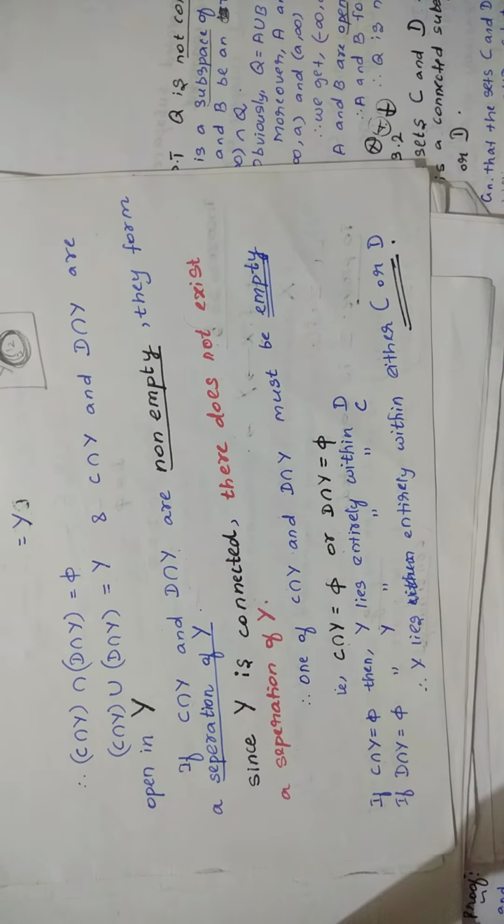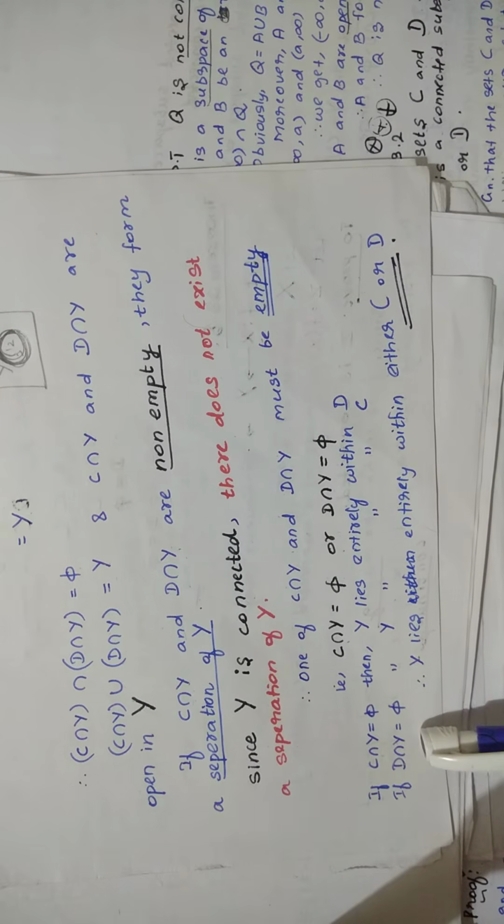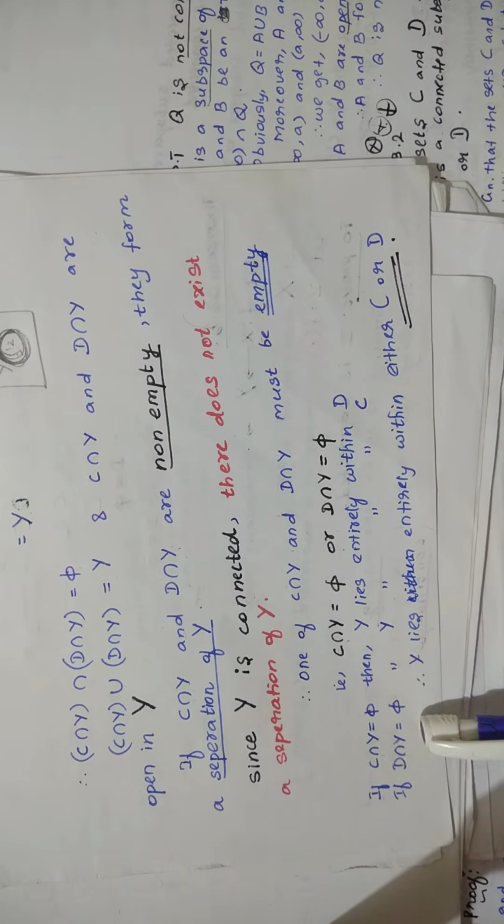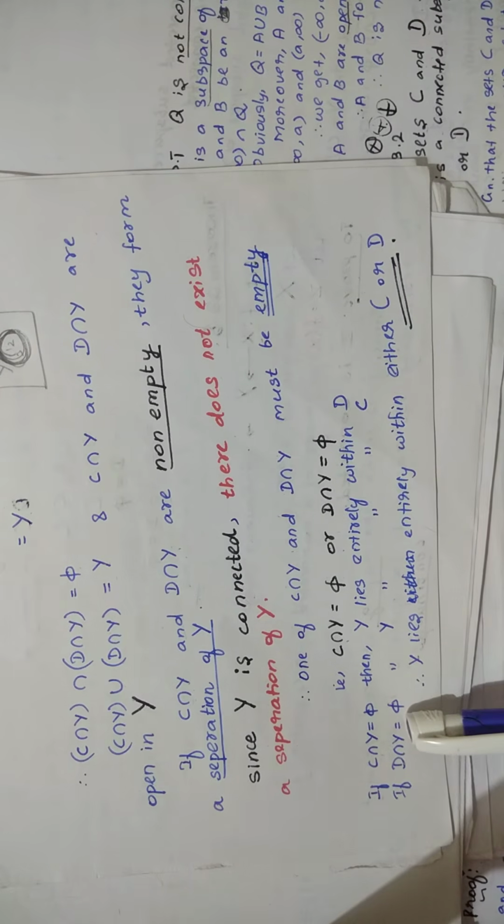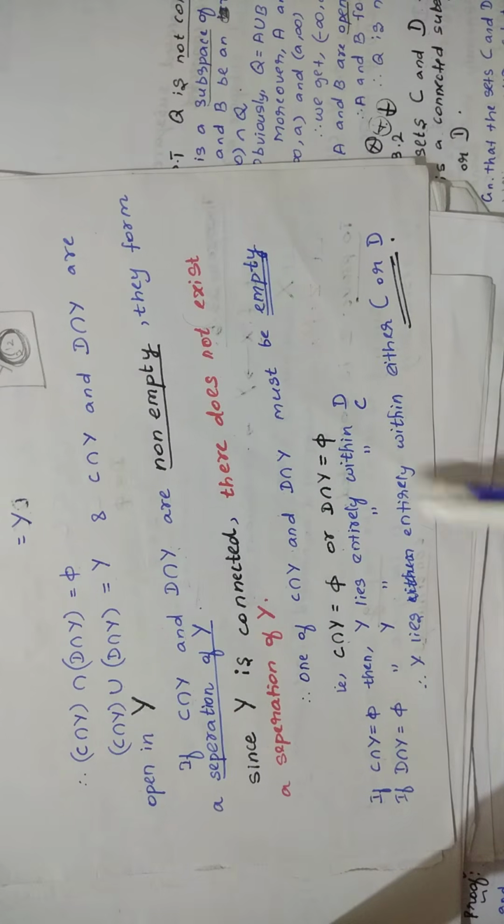Y lies entirely within D. If D intersection Y is equal to empty, what you will get? Y lies entirely within C. So this is what we have to prove, right? Y lies entirely within either C or D. So from this you have proved it. So hence the proof.